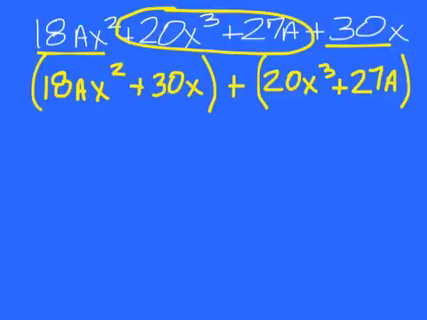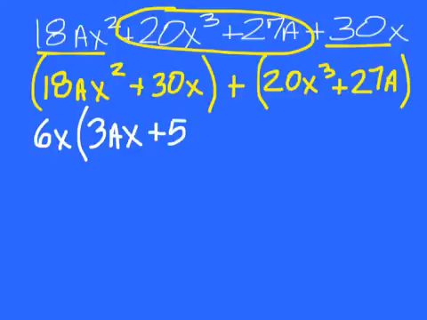Well, in the first set that I've picked out there, I can take out a 6 and an x. So I'll take out 6x, and then what do I multiply 6x by to get back to ax squared? It'd be 3ax. And then 6x times 5 would give me 30x.